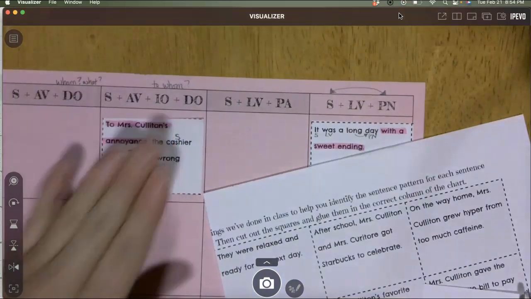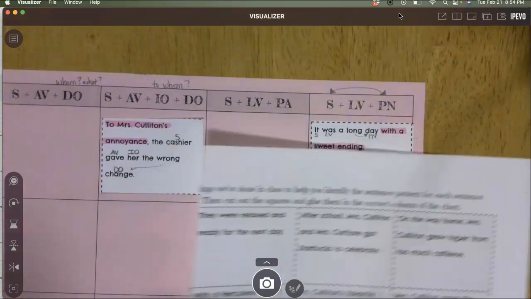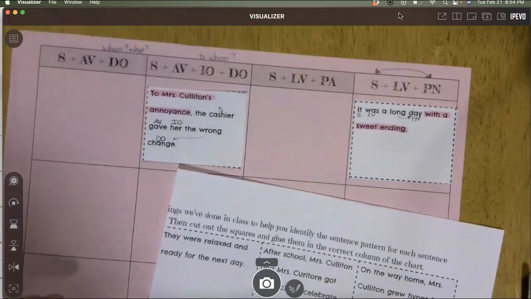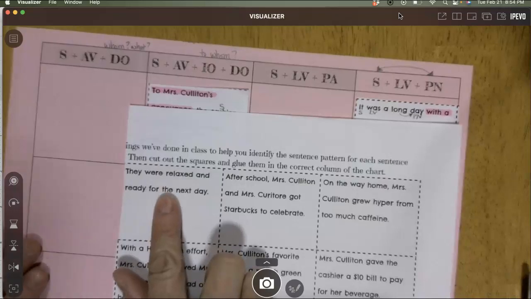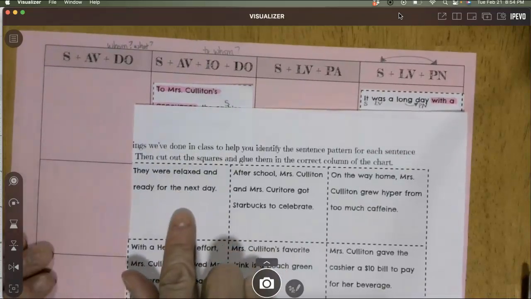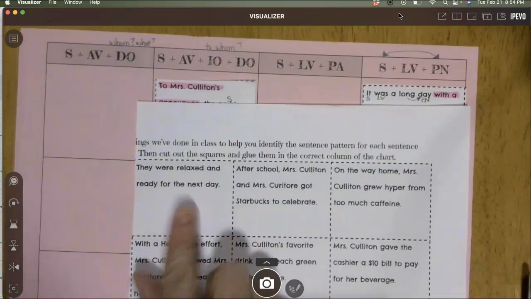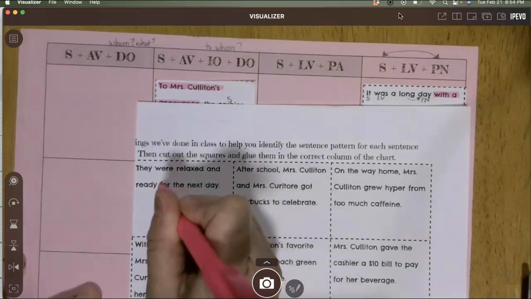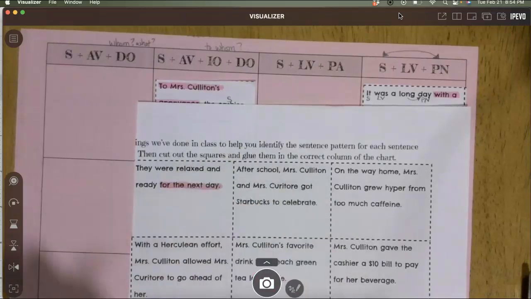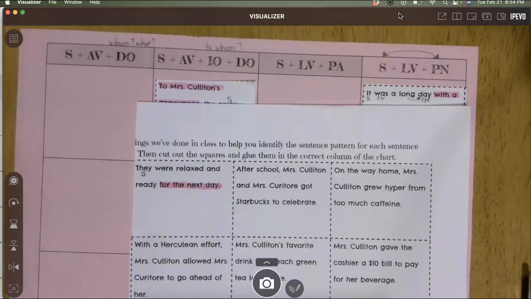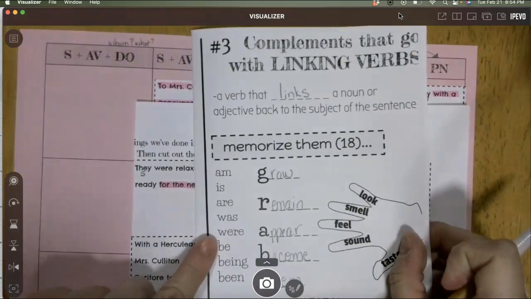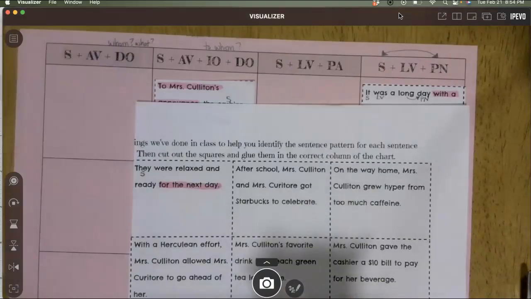All right, next. I'm going to try and help you find one of each, so give me one second. All right, let's look at this one. "They were relaxed and ready for the next day." So I see a prepositional phrase, for the next day. And let's see, my subject here is they. And what is the verb? Were. Am, is, are, was, were. It's on my linking verbs list.